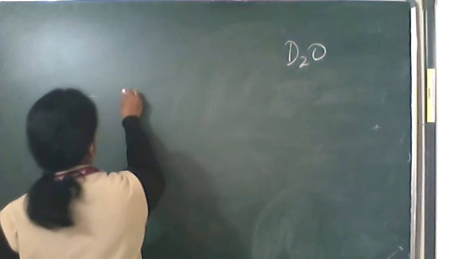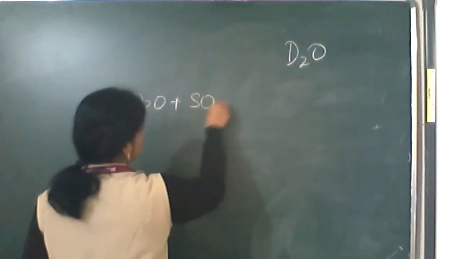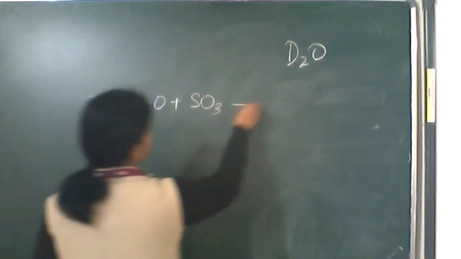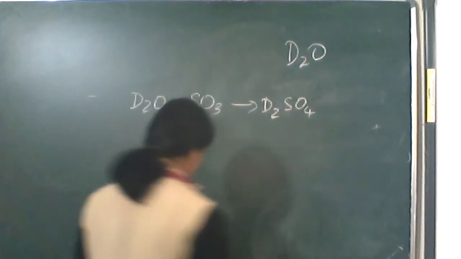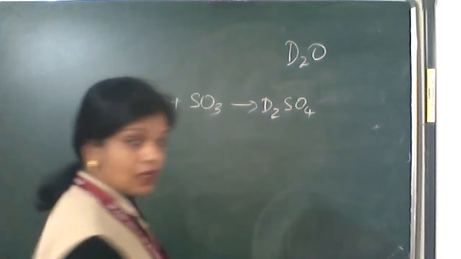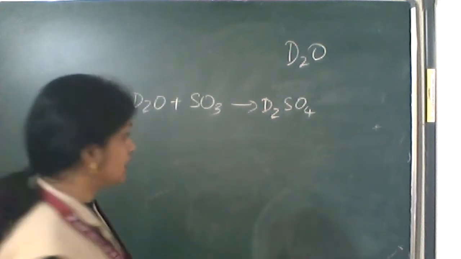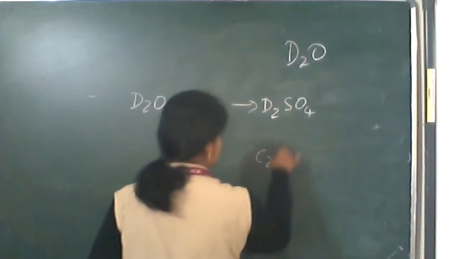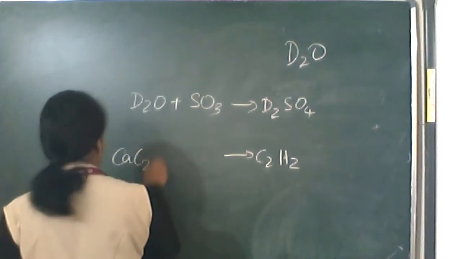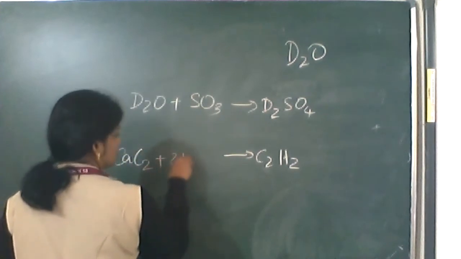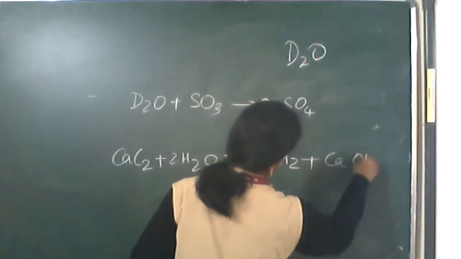Now, what are the properties of heavy water? D2O with SO3: you know that H2O plus SO3 is H2SO4. So here it is D2SO4. Instead of H2SO4, you get D2SO4. Last year you learned the preparation of acetylene, C2H2. For the preparation of this, we used calcium carbide plus 2H2O, giving C2H2 plus Ca(OH)2.